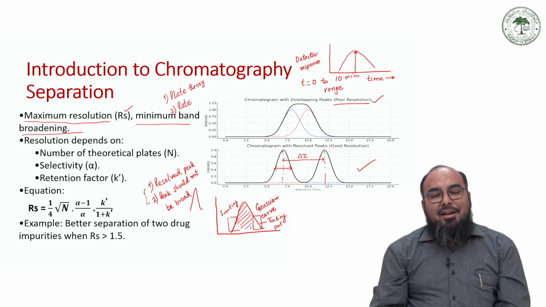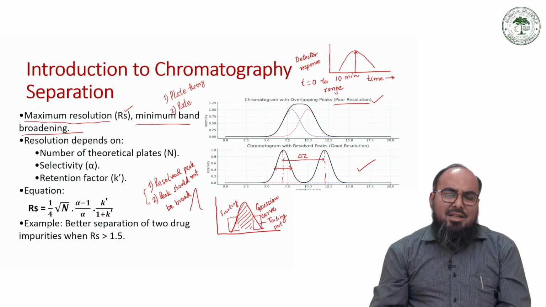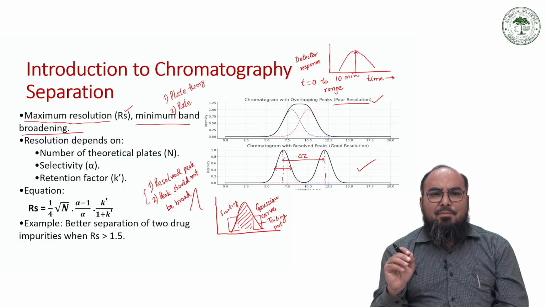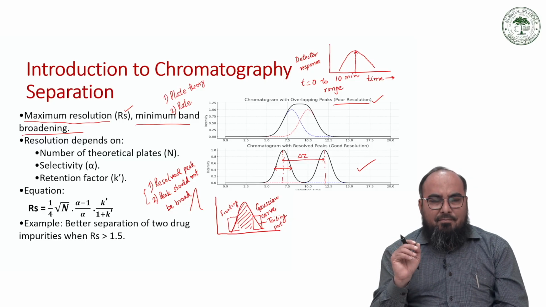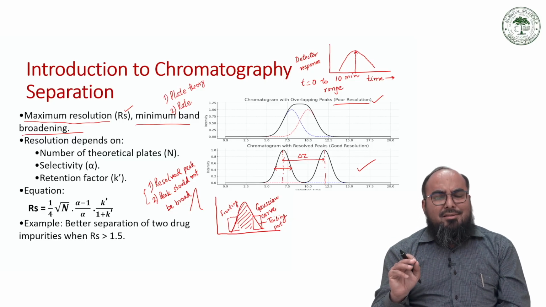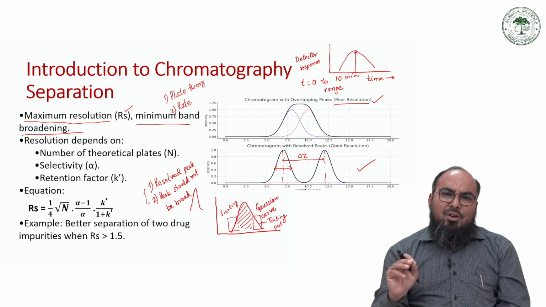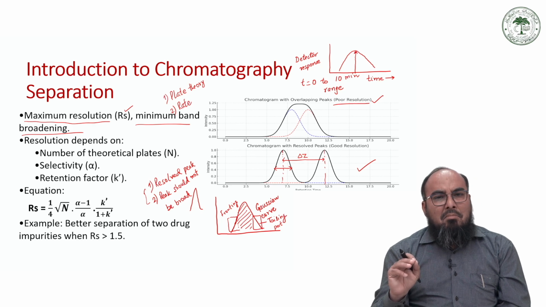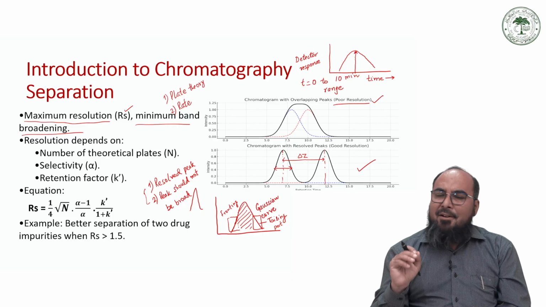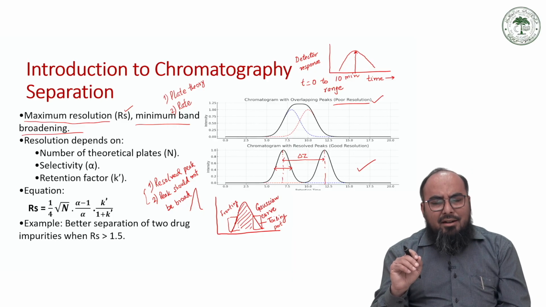We are going to discuss the rate theory in great detail, but right now I am trying to give you a concept of plate theory. This concept was given by the geniuses of their time, Martin and Synge, in 1941, because of their breakthrough theory.